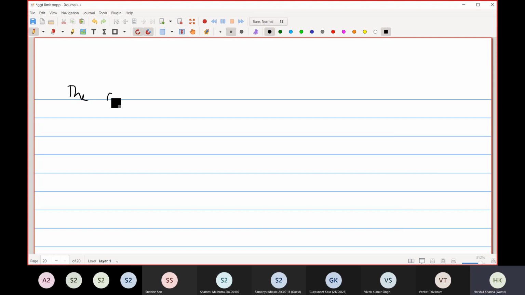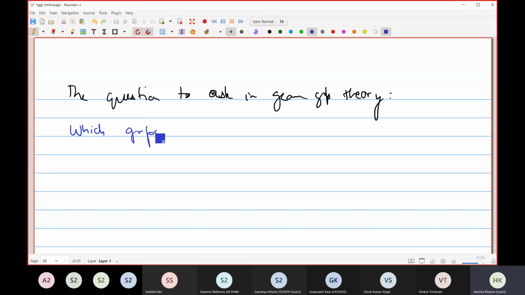All right. So now basically, what we have discussed till now is we have a group, we have a geometric object, and we saw how these two interact with each other. So now the question to ask in geometric group theory is essentially, this is the main question we consider in geometric group theory: which groups act by isometries on which spaces?